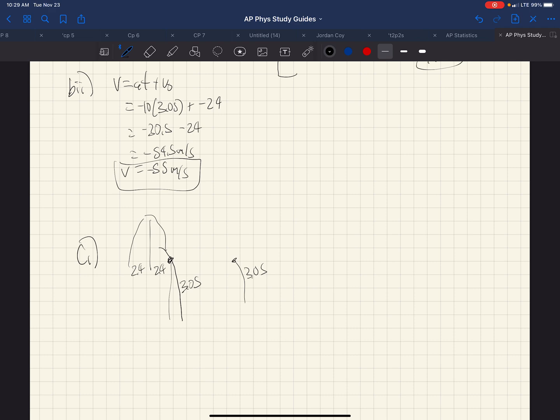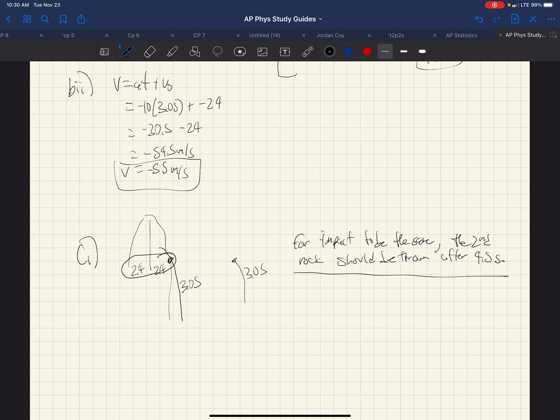So we want them to hit the ground at the same time. We need to throw the second rock after 4.8 seconds. So, for impact time to be the same, the second rock should be thrown after 4.8 seconds. Now that is the statement of the answer.